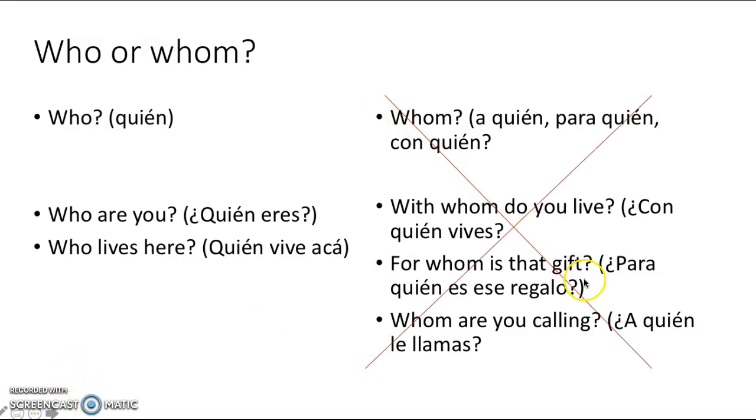It is slowly disappearing, unfortunately. So even your very excellent English speakers or very excellent English-speaking teachers frequently just use who all the time in spoken language, even though we know that the rule traditionally says to use whom. However, in formal writing, we do tend to use whom.